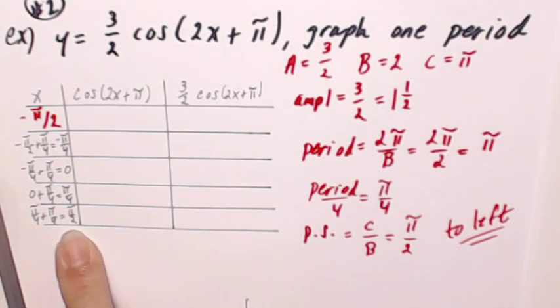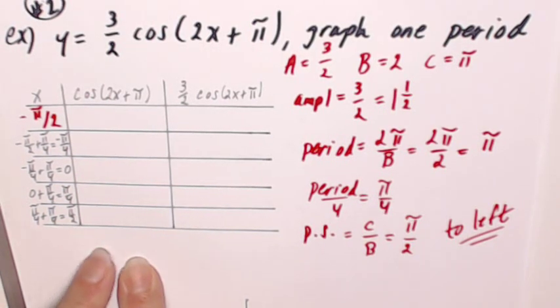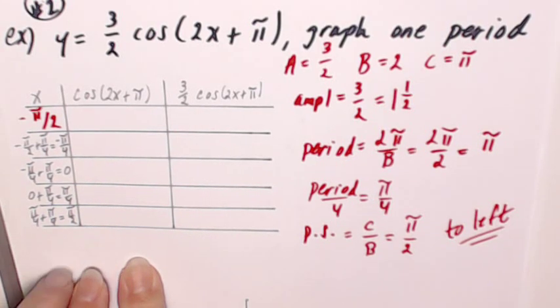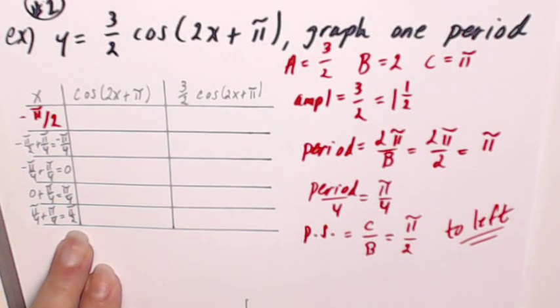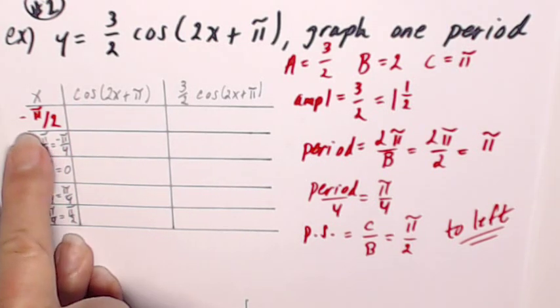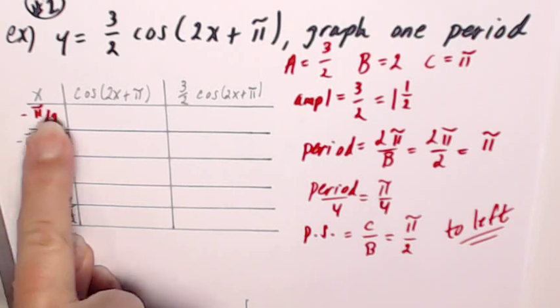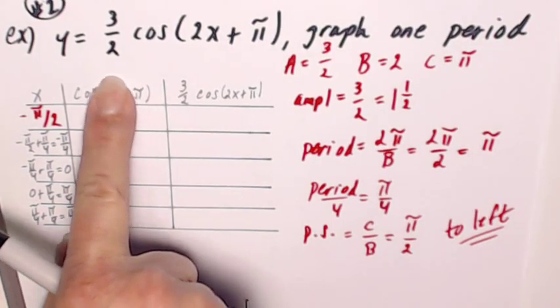So now we have our 5 key angles, and we're going to take these angles and evaluate them for the cosine function. As I stated before, because of how we have generated these angles, it isn't necessary to do the substitution of negative pi over 2 into the x to actually do that algebra.